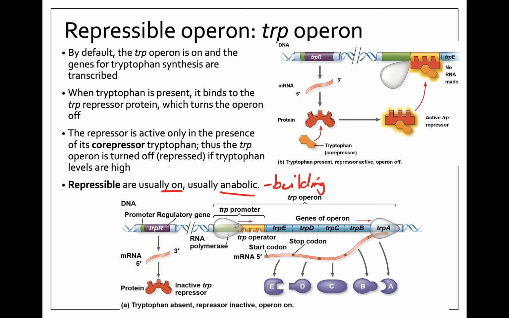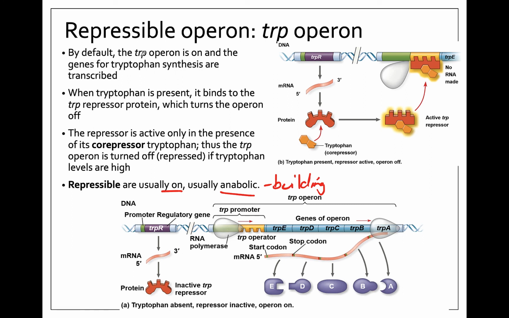So you can see the entire operon down here. We've got the promoter sequence. We've got the operator, which is right here. There's several genes, A, B, C, D, and E. All of these need to be made in order for tryptophan to be made. And right now, tryptophan is absent. So by default, tryptophan is being made.